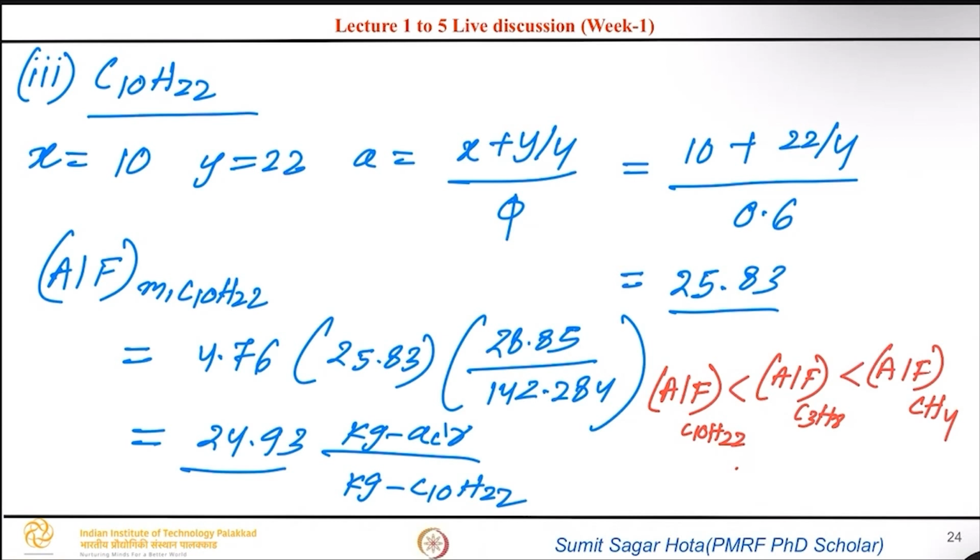Because of molecular weight, the one with higher molecular weight, decane, has a lower ratio, because you see what you have in the denominator. Molecular weight has very much dominance in the air fuel ratio, keeping other factors constant, phi and air being constant. So we can conclude that air fuel ratio is inversely proportional to the molecular weight. That you already know, but you should remember.